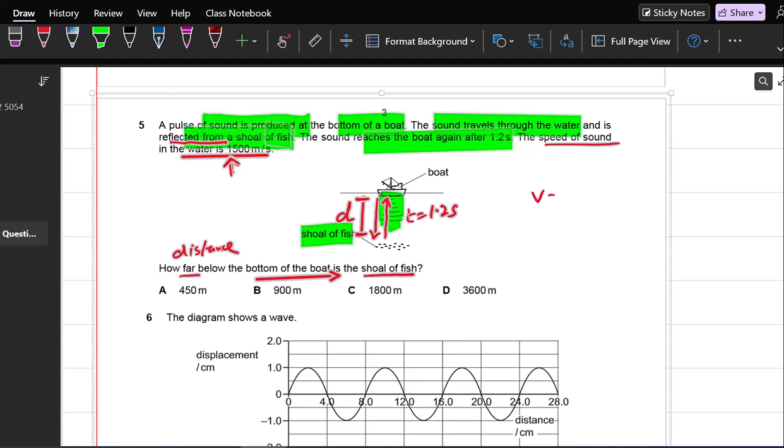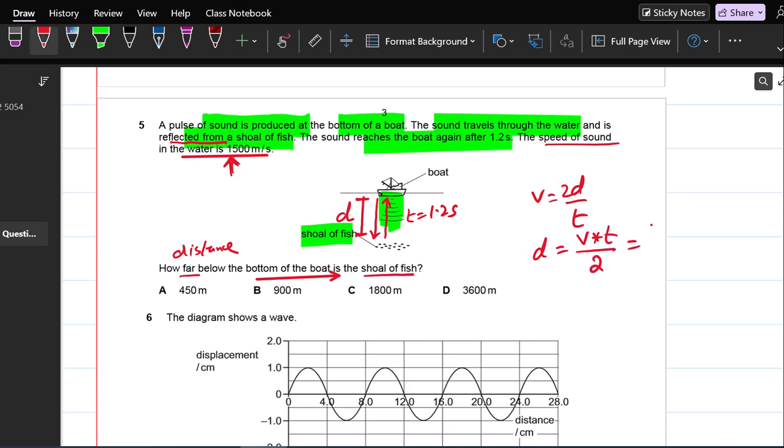V is equal to 2D by T. We are going to find distance, so V multiplied by time divided by 2. It will be 1500 multiplied by 1.2 divided by 2. If we calculate it, it will be 900 meters. So B is the right option here.